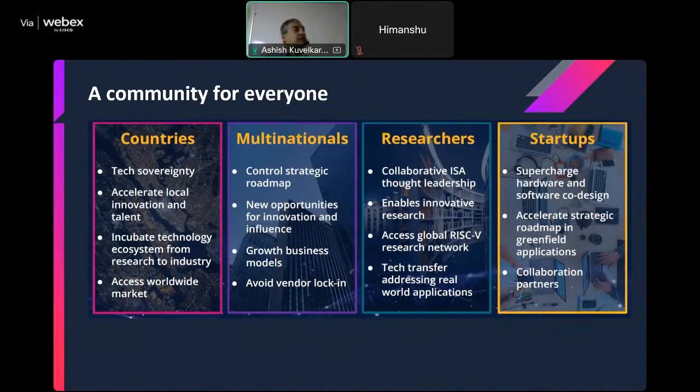And then most importantly, RISC-V is an amazing tech community for everyone, right? So when you talk about countries, it's important to point out that before we talk about even tech sovereignty, it provides a great platform to accelerate local innovation and talent. Clearly there are people like Professor Kamakoti out of IIT Chennai.